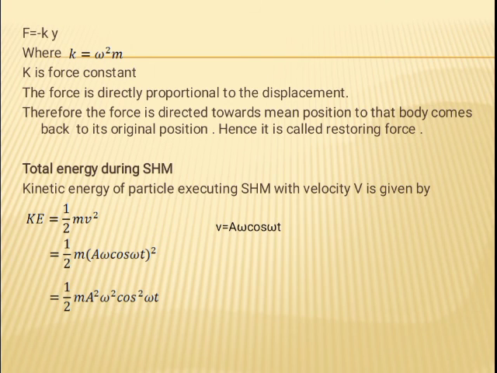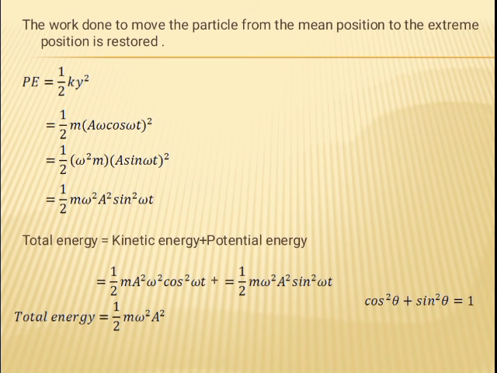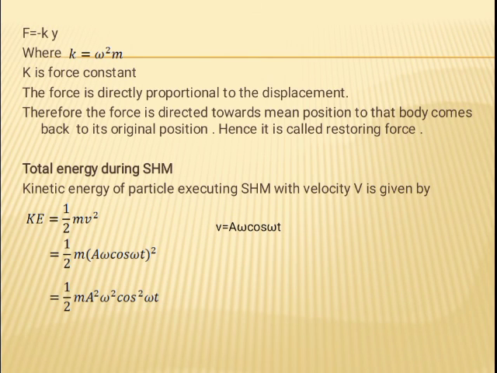So what are we going to do? To calculate the total energy, we are first going to calculate the kinetic energy. Then in the next slide we are going to calculate the potential energy. We will take the formulas and keep substituting, and later we are going to add both of them and find the value of total energy during simple harmonic motion.